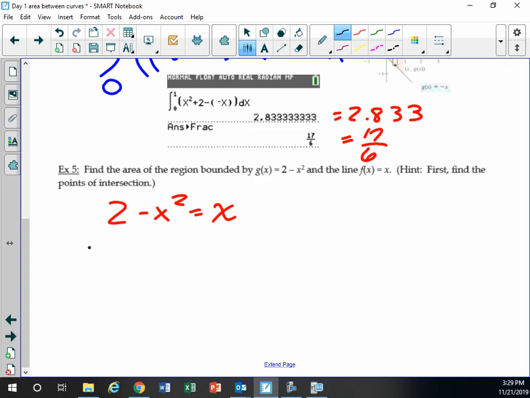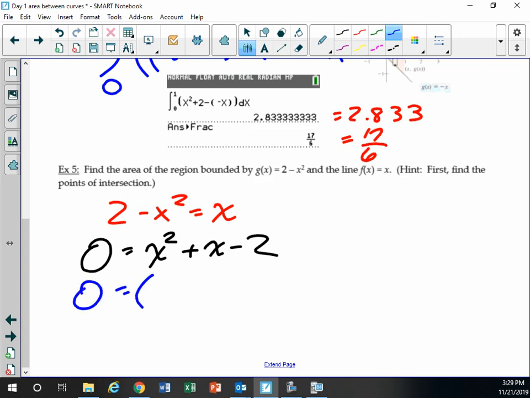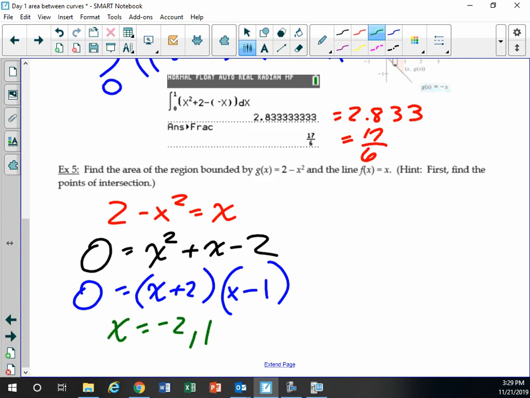I'm going to move everything to one side, so the x squared is positive. It makes it so much easier when I'm going to factor this. I have x plus 2 and x minus 1. So I have x equals -2 and 1. Those are my two values.